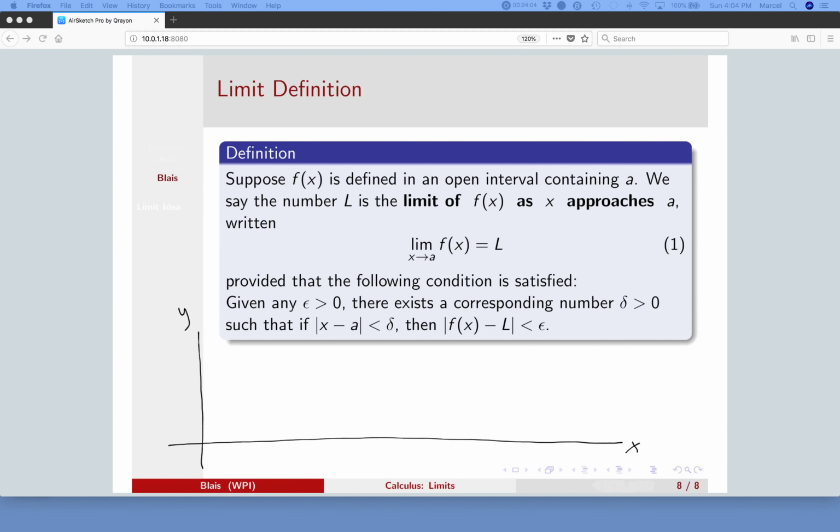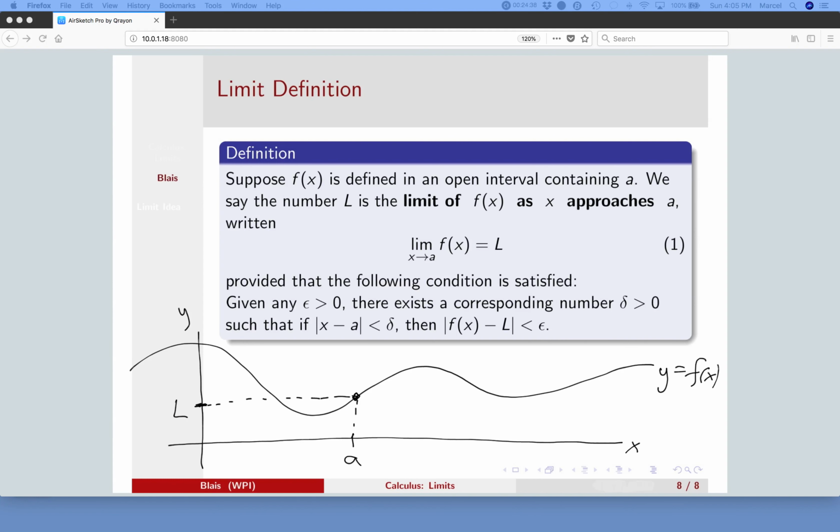Here we have a, and let's have our function y equals f of x. And we should have a sense for it now: this is an illustration of a function that does have the limit of L as x approaches a. As we're cruising in from the right or the left, we're honing in on this vertical y value of L.